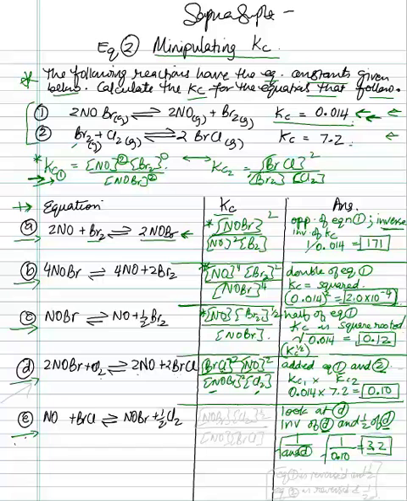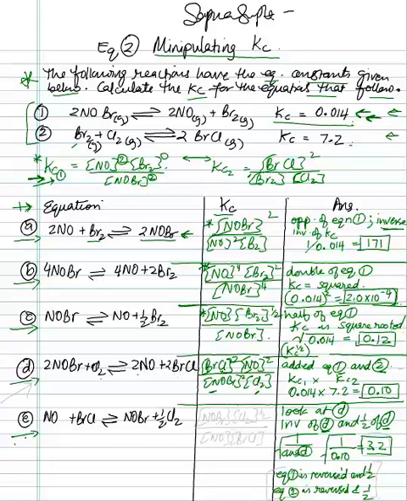The other way to do this is to look at the two equations, and this is the long way of doing it. The long way would be that equation 1 is reversed and half. Equation 2 is also reversed and also half.